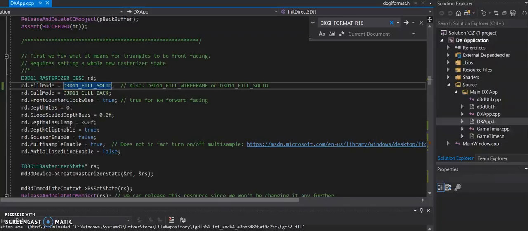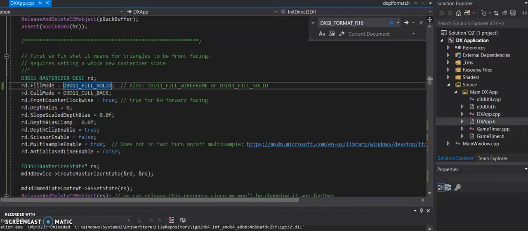And then the last bit are the two DXGI formats. The first one, the RGBA 8 UNorm, in plain language, is an enumeration of 28, and then the other one, the R16 UInt, is an enumeration of 57.